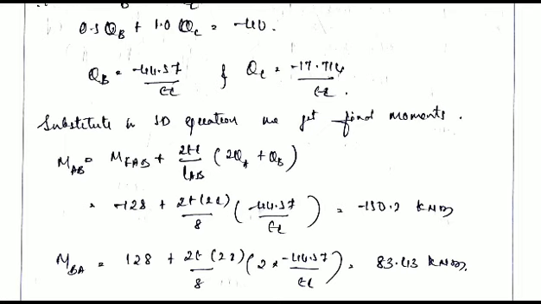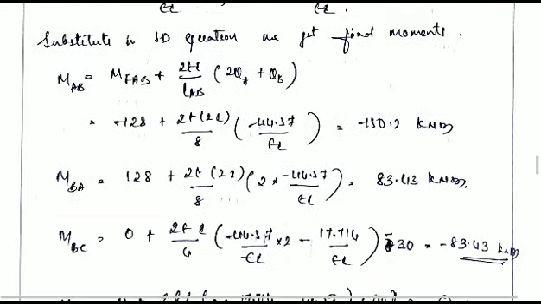Substituting theta B equals minus 44.57, EI cancels, 4 by 8 into minus 44.57, minus 128. Calculating with the calculator, the final moment at joint A for member AB we are getting is minus 150.2 kilonewton meter.